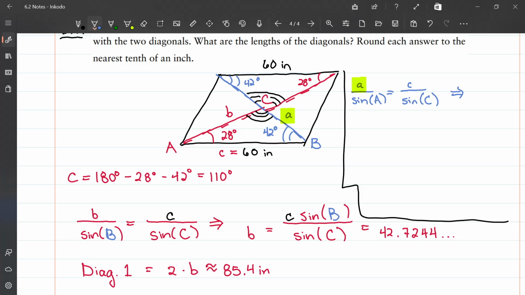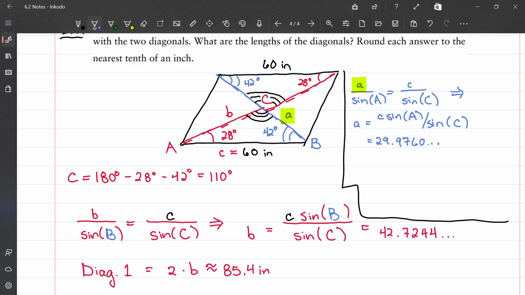Little a over sine A should be equal to little c over sine C, which gives us little a is equal to little c sine of big A divided by sine of big C. And if we feed that to our calculator, we get the exact answer, 29.9760, etc., etc. Once again, thanks to geometry, we have found out that the length of the blue side in my lower triangle is the same as the length of the blue side in my upper triangle.